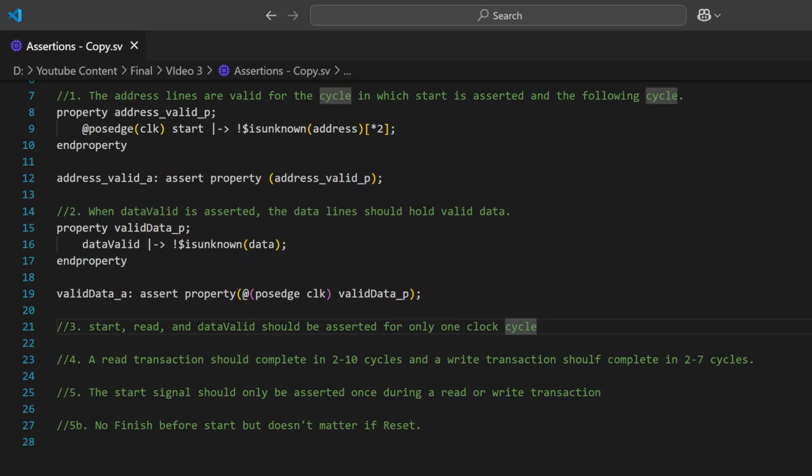So in our next assertion, the start, read, and data valid should be asserted for only one clock cycle. So for this particular case, I will be using non-overlapping implication operators, and let's do it.